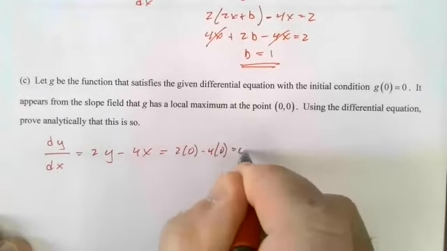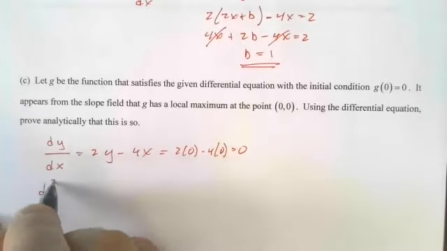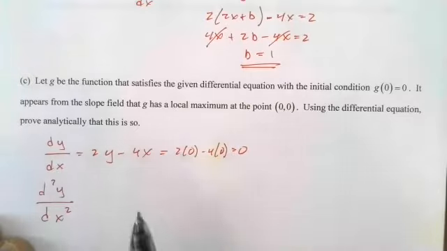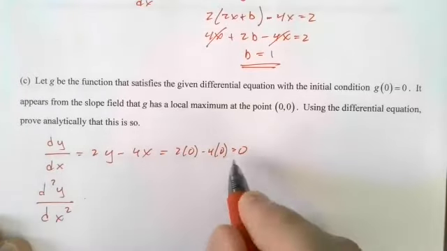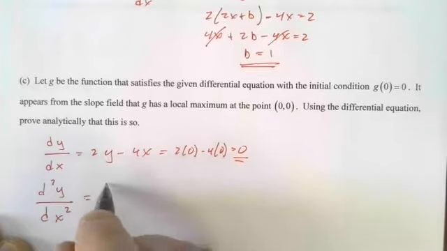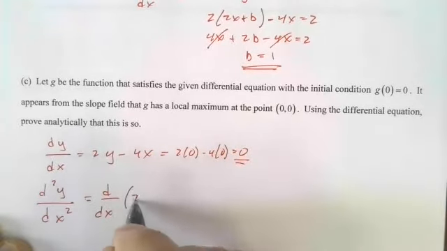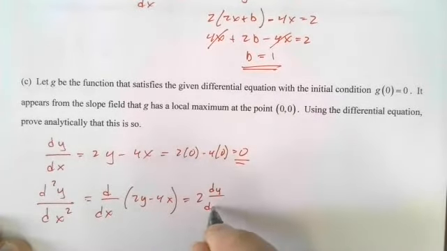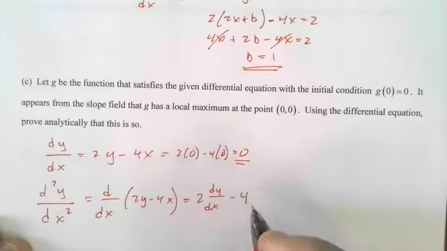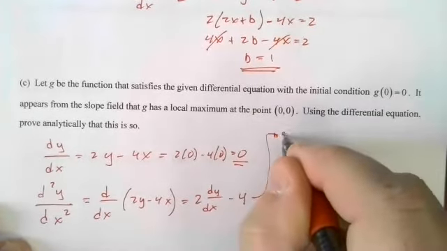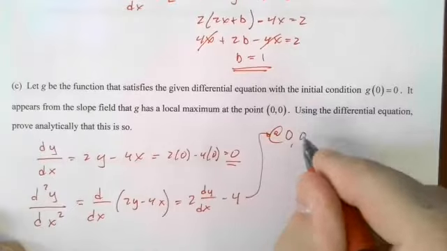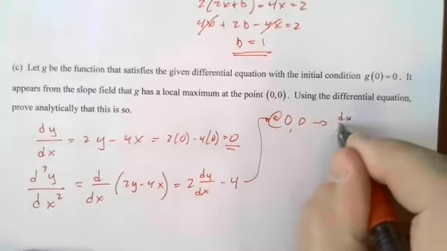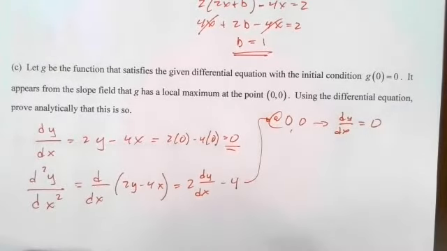4 times 0, which is 0. Let's take the second derivative to prove it's concave down, so it's got a max or min thing going on. The first derivative is 0 there. We get d/dx of 2y minus 4x, which, if I'm not mistaken, is 2 dy/dx minus 4, which, if I'm not mistaken, when we get to (0, 0), dy/dx equals 0.